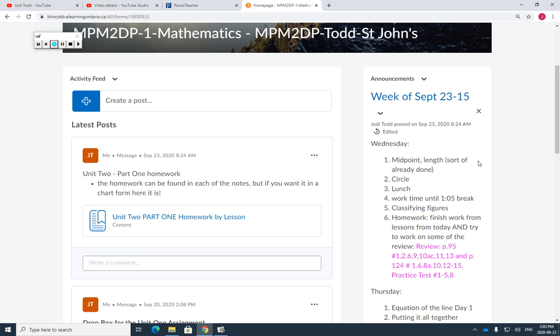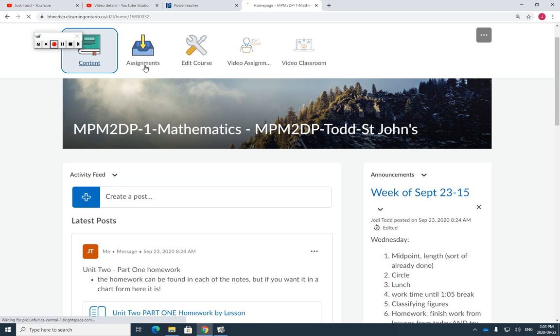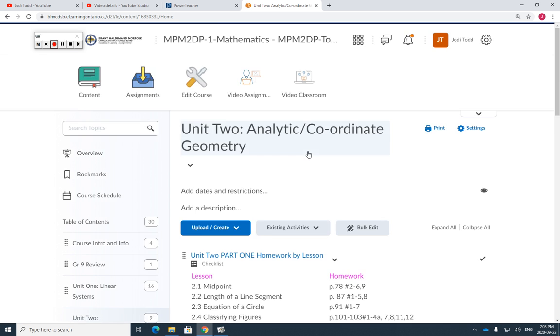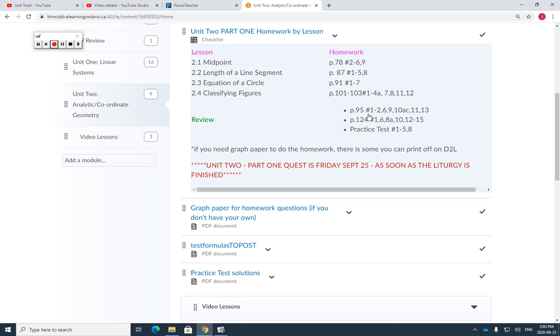If you don't have a lot of time tomorrow night, tomorrow afternoon you're going to have time in class to do review. However, if you have lots of time tonight and you want to get it started, you can do that. If you're missing the homework, then it's in the chart. So these are the questions that were in the notes, and the ones that I fixed. It's all fixed on here.